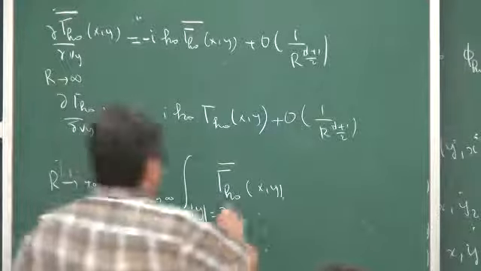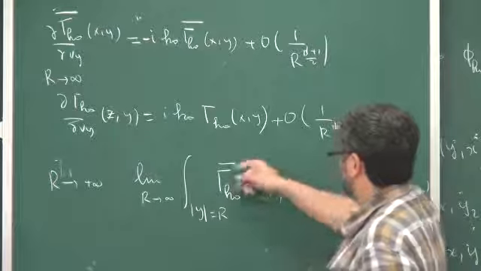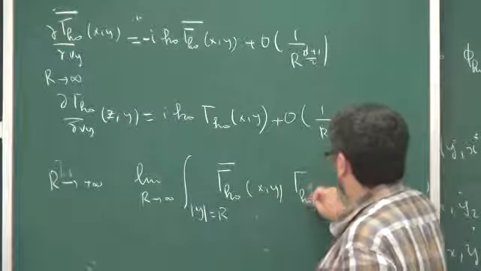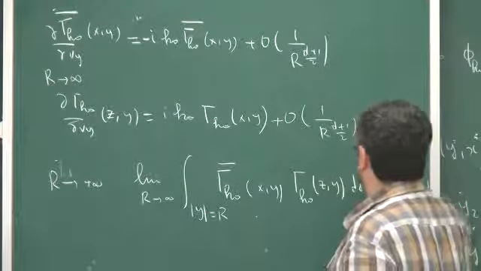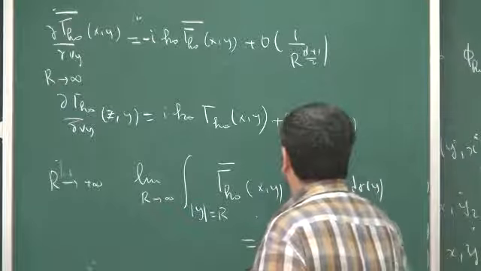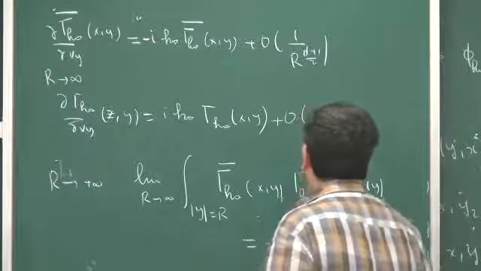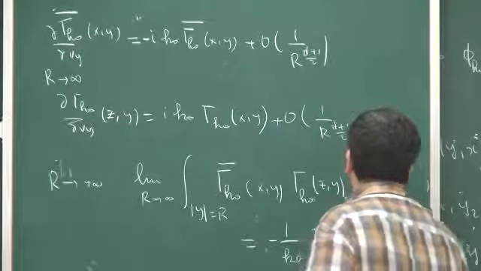So you get the product between gamma k0 of x and y complex conjugated and gamma k0 of z and y, d sigma y. This is nothing else than minus 1 over k0 times the imaginary part of the Green function gamma of z and x.